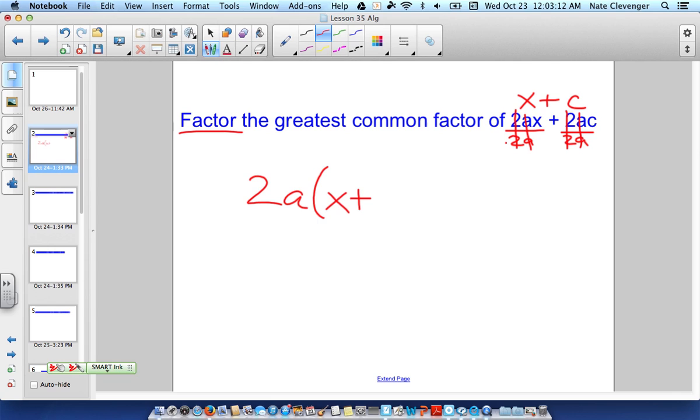We're doing the reverse of the distributive property when we factor the greatest common factor. We're starting with something that's already been distributed through, and we're going backwards and taking that out instead. And so we end up with this. That would be your answer.